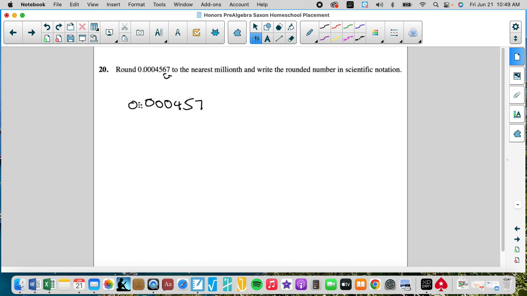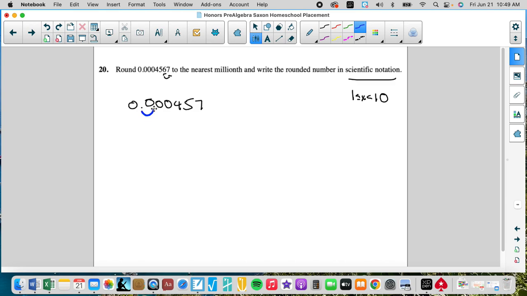Now we need to write this number in scientific notation. So scientific notation needs to be between 1 and 10. It has to be less than 10, and it can be greater than or equal to 1. So it's between 1 and 10. It's a single digit. So here's my decimal point. Is it between 1 and 10 right now?